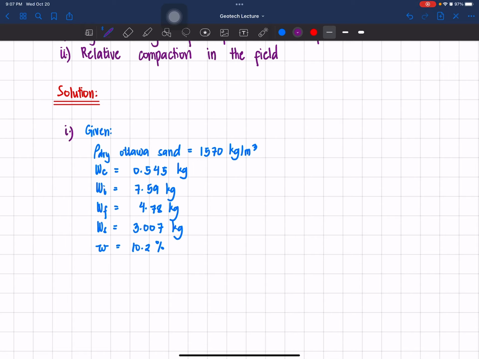It's the weight of the Ottawa sand to fill the hole that is our main target in the calculation. So, how are we going to determine that?